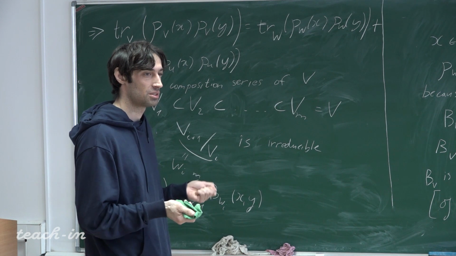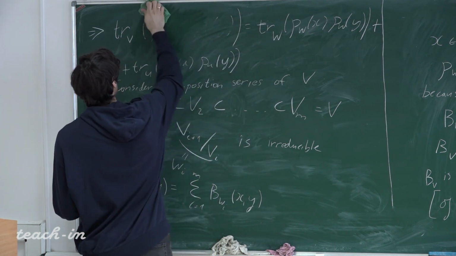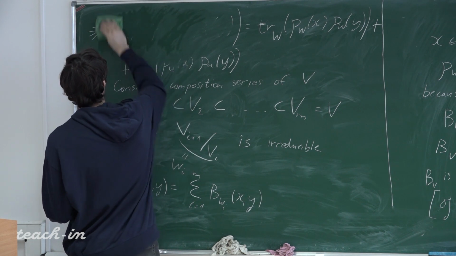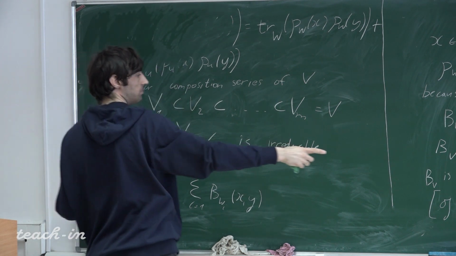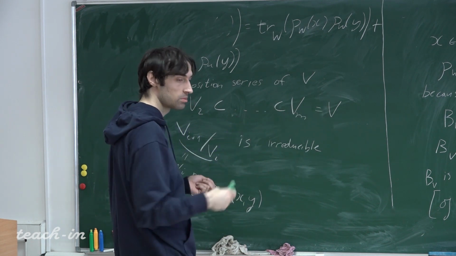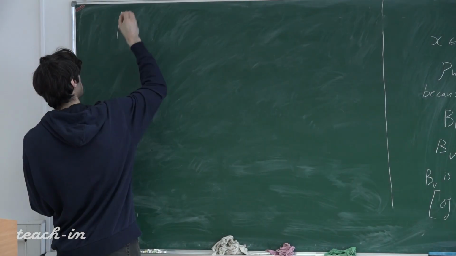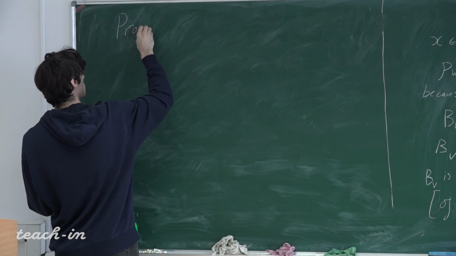It would be unfair just to state them, I guess. So theorem 1 follows from theorem 2 follows from theorem 1. So let us observe that first. Maybe let's formulate it as a proposition.